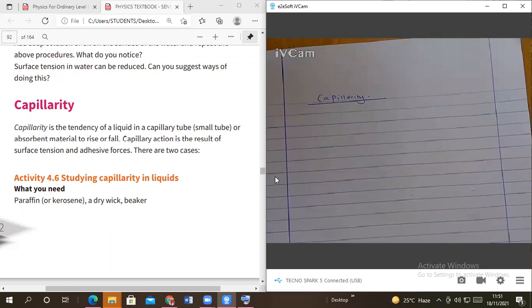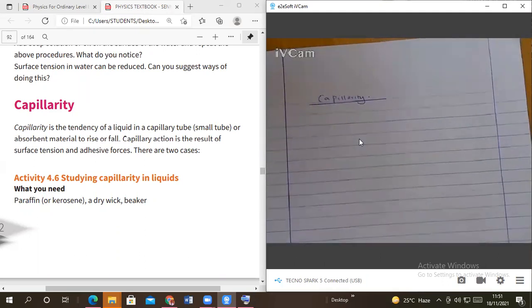If you put a towel in water and hold it upwards, while the other part is touching the water in the basin, after some time the towel will be wet, all of it. Do you know how paraffin rises in lamp wicks? All that is done by what we call capillarity.